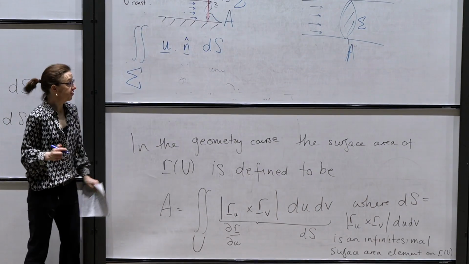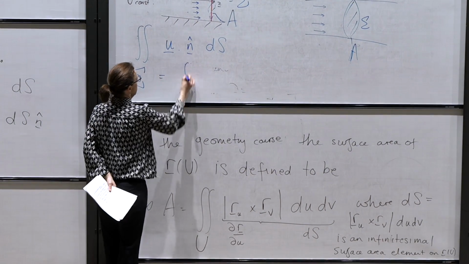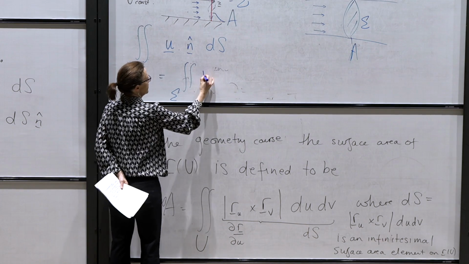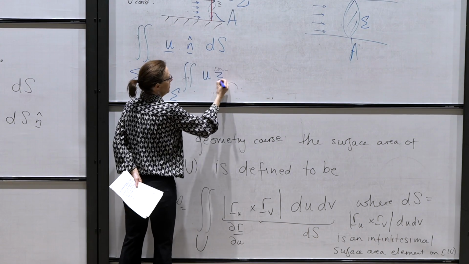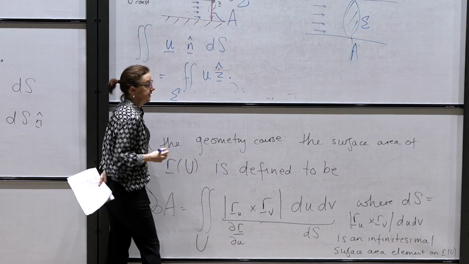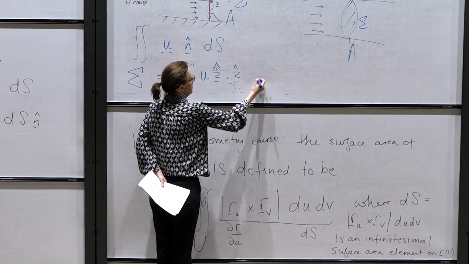Okay, but I gave you a very straightforward example because I said, well, u is just some constant in the z direction, and the normal to this is also in the z direction, ds.